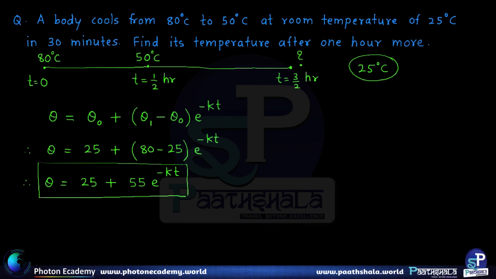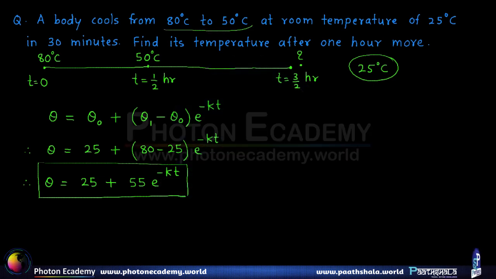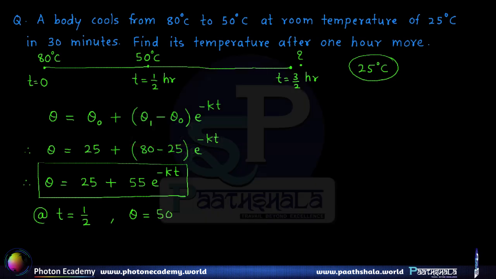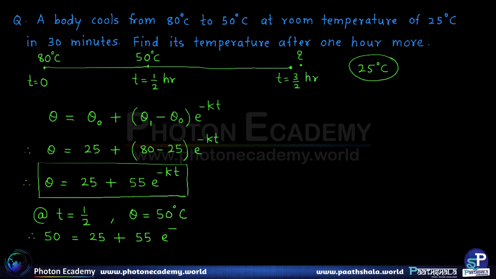Right. Now let's make use of the given condition, that the body cools from 80 degrees to 50 degrees in 30 minutes. That means at t equal to 1/2, the temperature had dropped to 50 degrees. So we can write 50 is equal to 25 plus 55 into e raised to minus k upon 2, because t is 1/2.